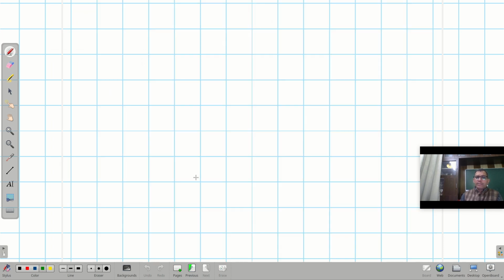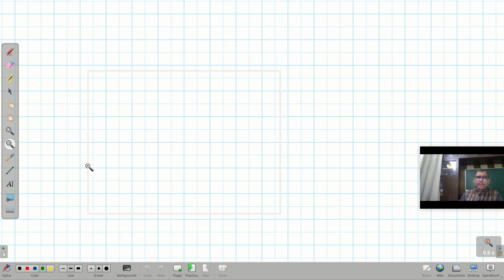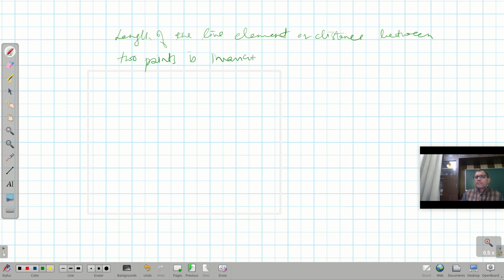So first of all, let me talk about the line element, or the length of the line element, or I can say the distance between 2 points, is invariant under Lorentz transformation.